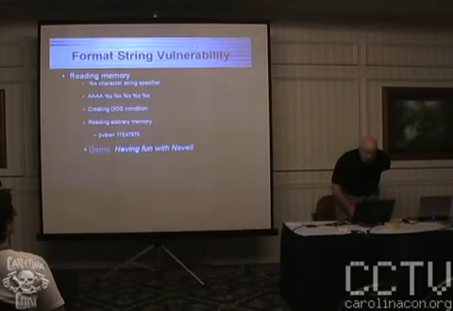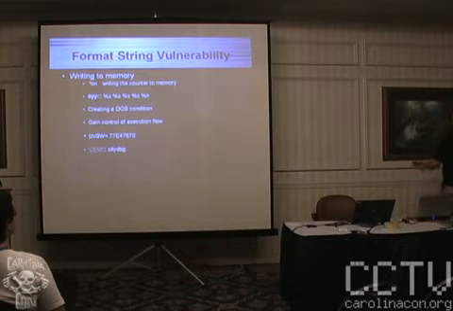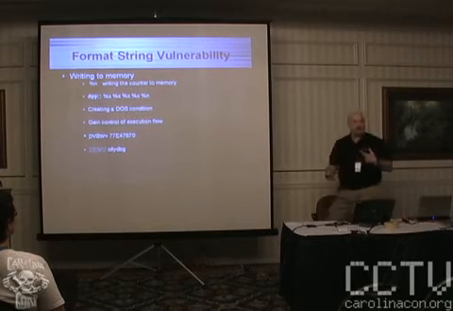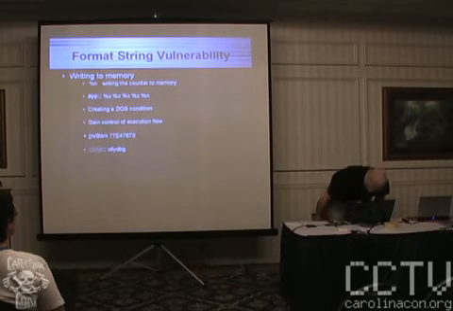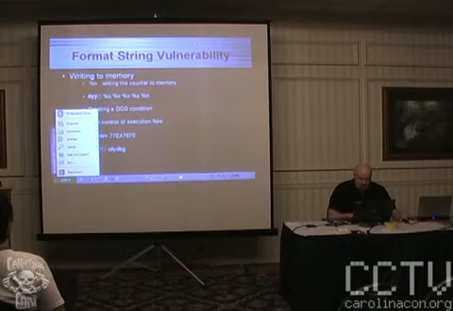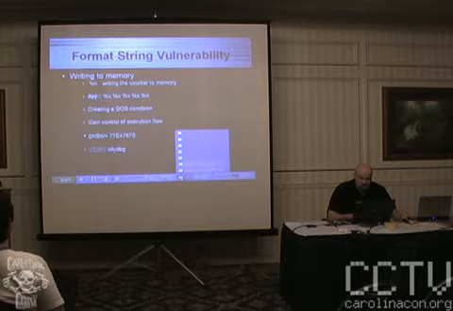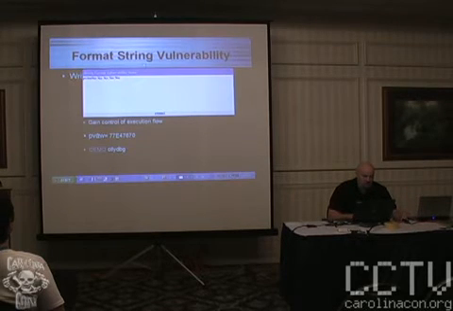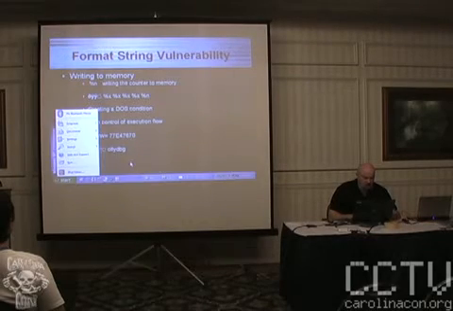Okay, so let's see if we can go forward here. Writing to memory. Now we talked about reading from memory. Let's go ahead and do some simple test writing to memory, just so you can see how that functions. We're going to go ahead and use this program here.